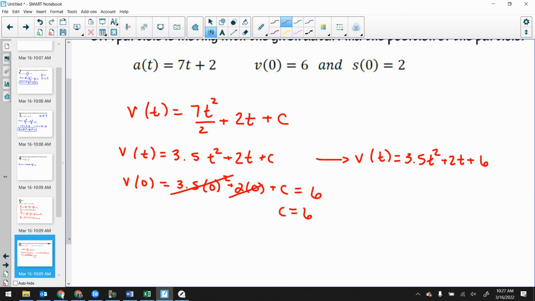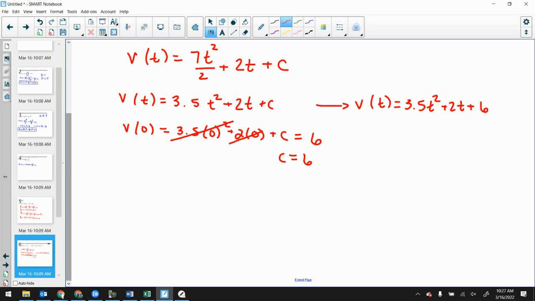Now we find the antiderivative of velocity, which will give us position. So s of t, which is position, is going to be 3.5t to the third over 3 plus 2t squared over 2 plus 6t plus, we'll call our constant d.